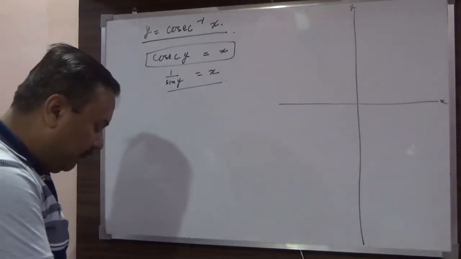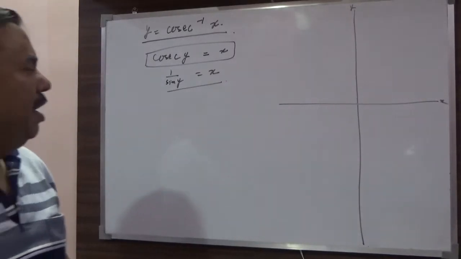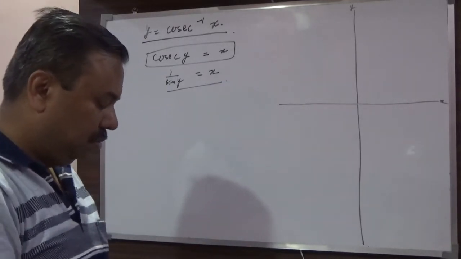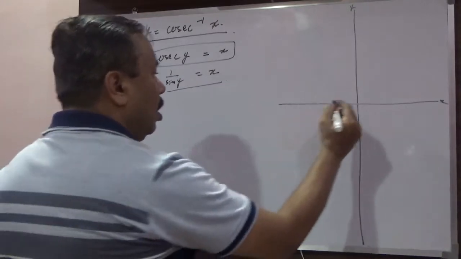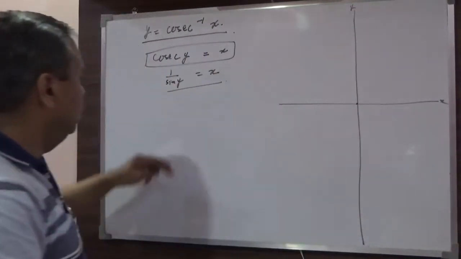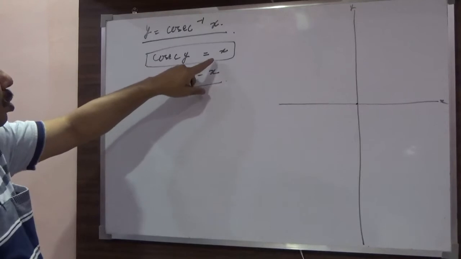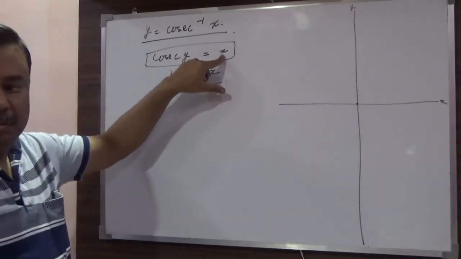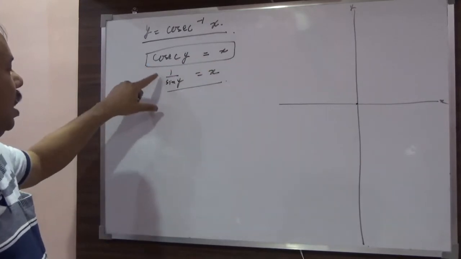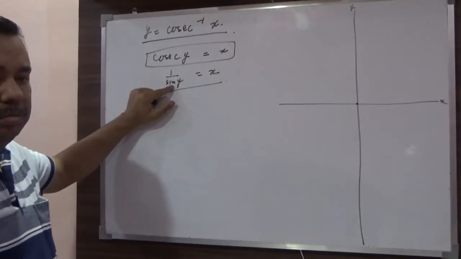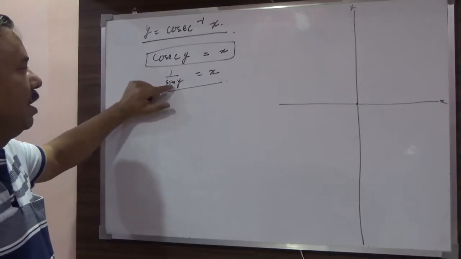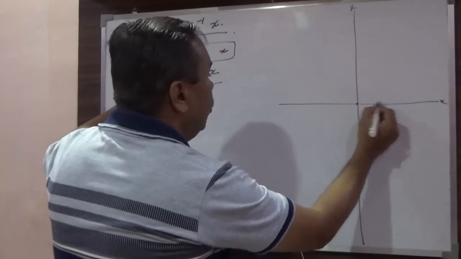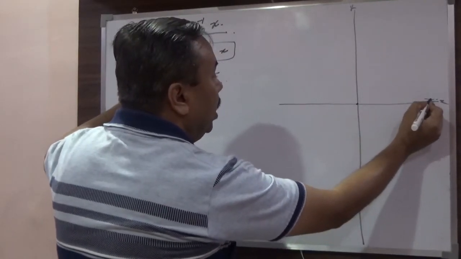Now you see what will happen. As I told you, when x is 0, that means 1 by sin y is 0, or I can say sin y is infinity. So when x is 0, the value of y will be infinity. It will go like this.